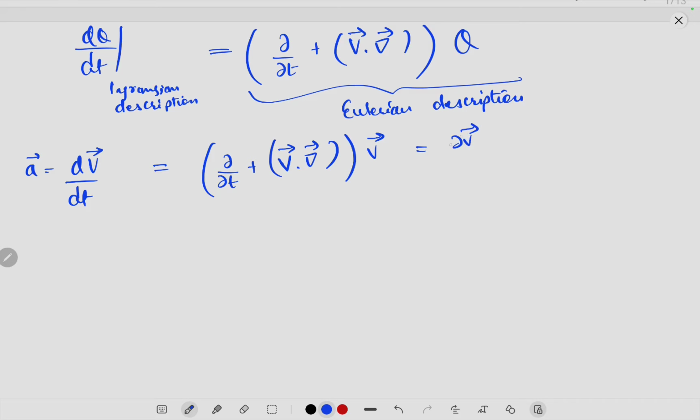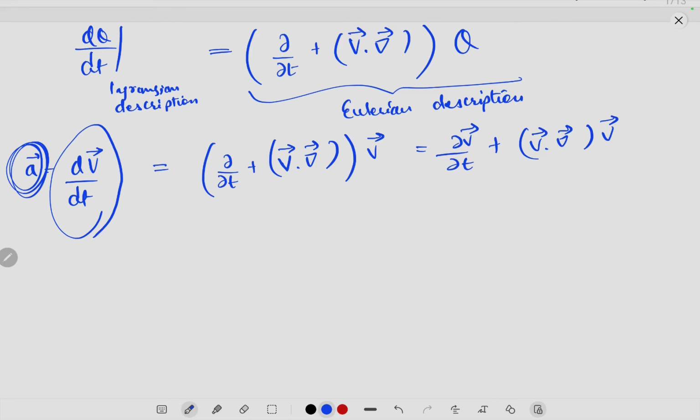So this will become del V by del t plus V dot grad V. This is how I can find the acceleration of the particle. I can just directly find dV by dt, or I can find del V by del t plus V dot grad of V vector, and adding these two terms will also give me the acceleration of the particle.